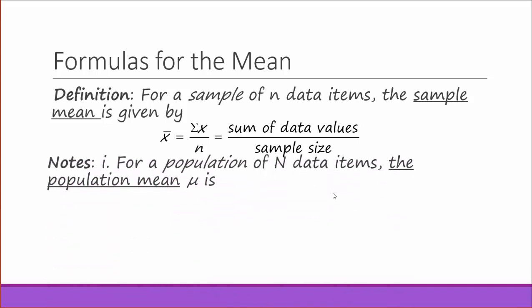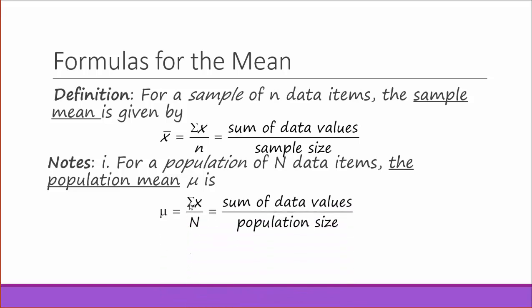We can say for a population of capital N data items, the population mean, and notice the notation there, we use the lowercase Greek letter mu, and it's what? Mu is the sum of x divided by the population size. So it's the sum of the data values divided by the population size. So notice here, the formula is the same.